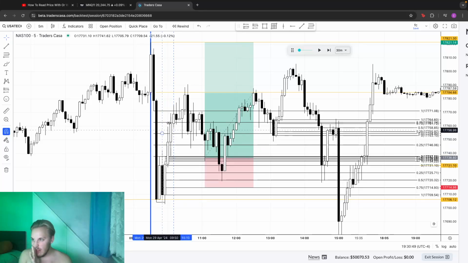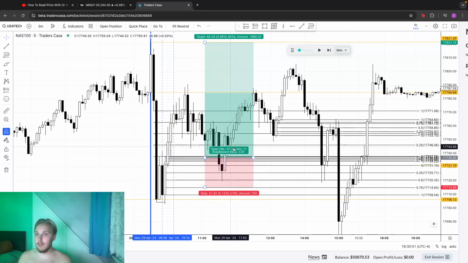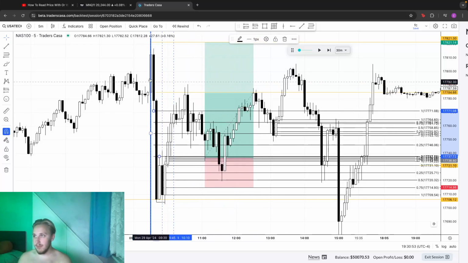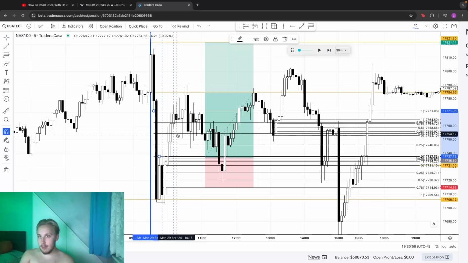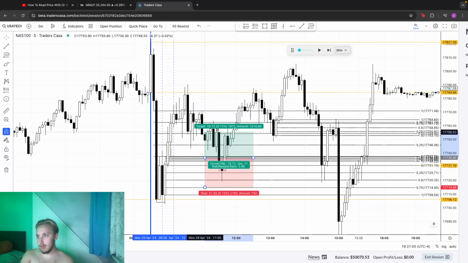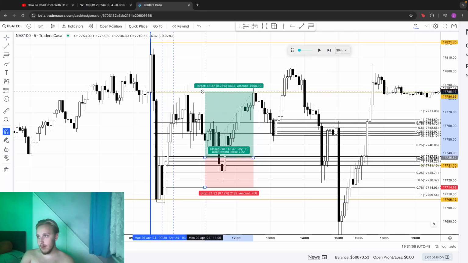We then marked this fair value gap with the quadrants, but for me this was the easiest TP. I could have obviously taken off at half or the upper, but for me this is bad RR from here. That's a 1-to-1. That's not even a 1-to-1. It's like a 1.5.